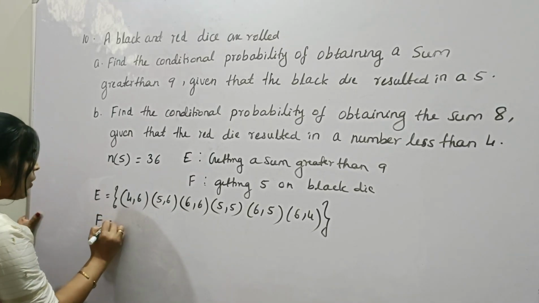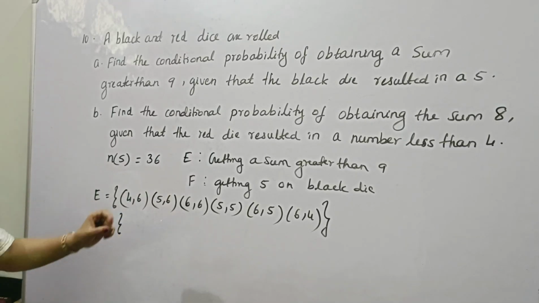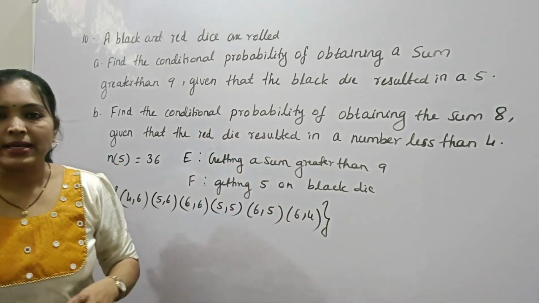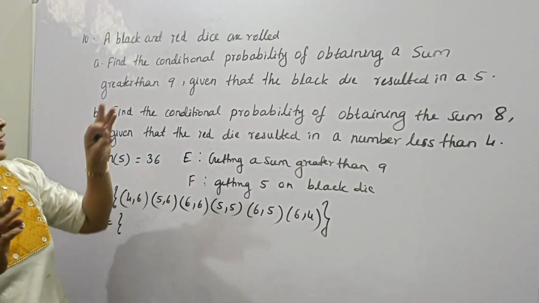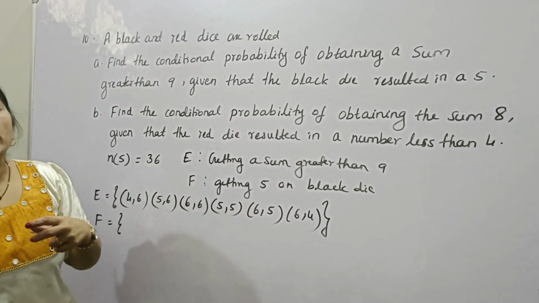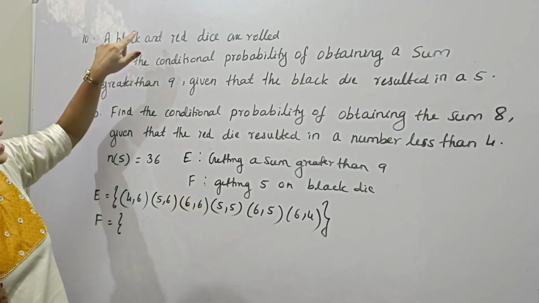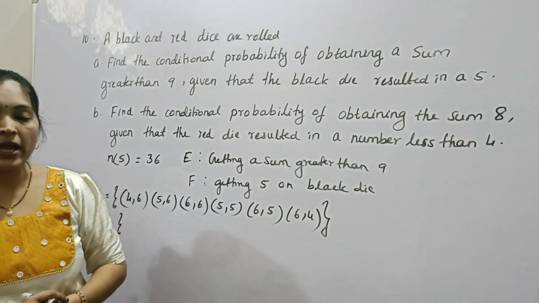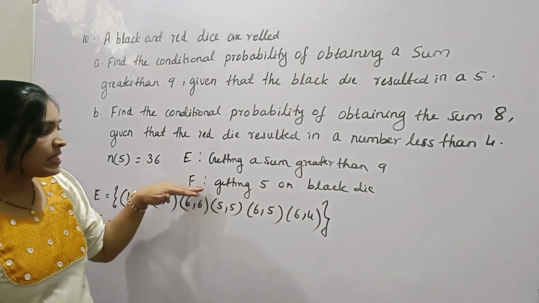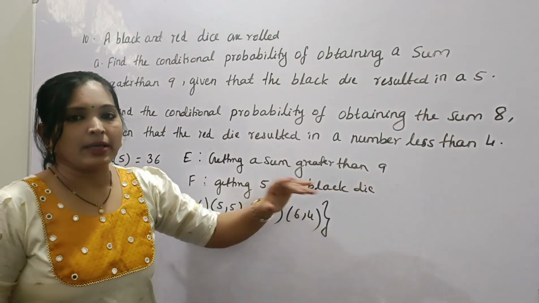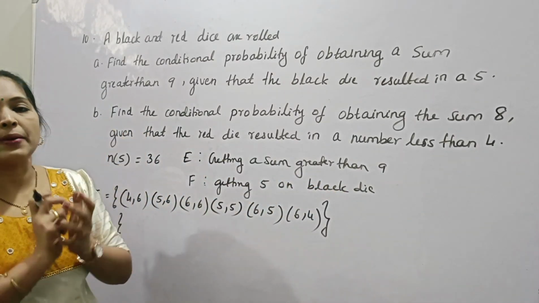Next, possible outcomes of event F are getting 5 on black die. And here you should be careful that we are throwing the dice. First die is black die. Black die is the first die and red die is the second die. So F is the event getting 5 on black die, means 5 should be the first number.